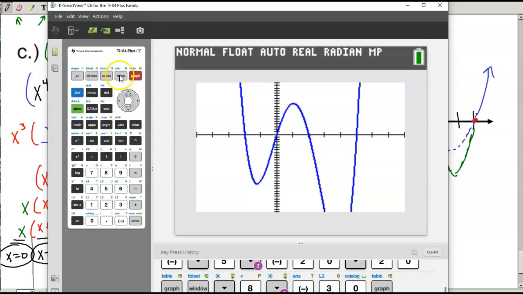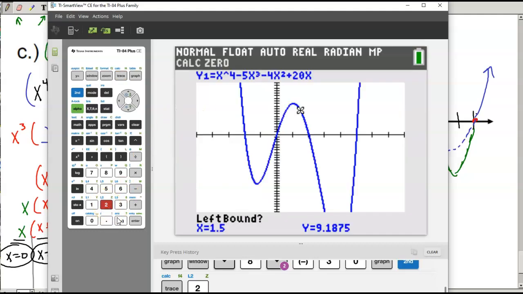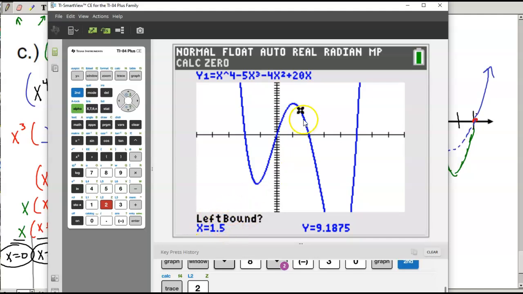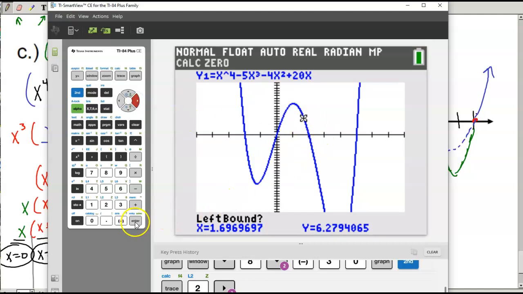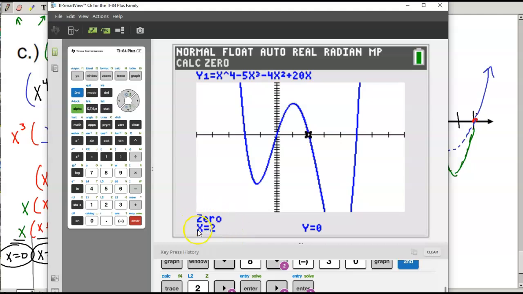But remember too that you can go to second and trace and just hit number 2 to find each 0, and you could check these manually. So I could find this 0 right here. It looks like it's at 2, which it is, but for the left bound, we just go anywhere to the left of this 0 or above it, and then you go to the right of that 0 somewhere, hit enter, then hit enter again, and it will tell you what the 0 is.